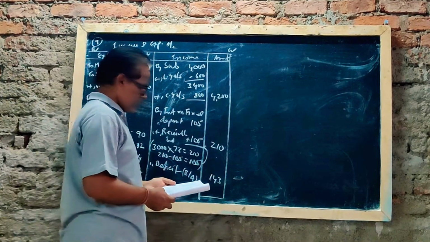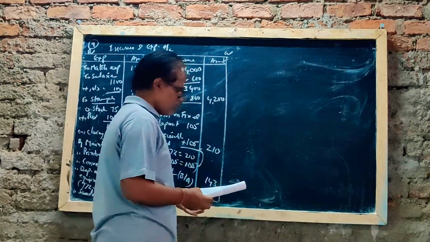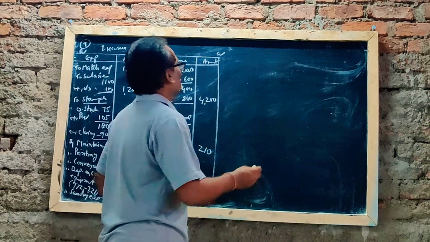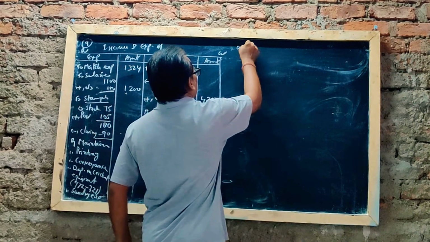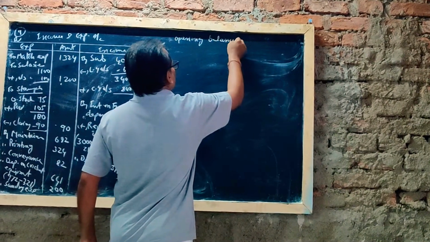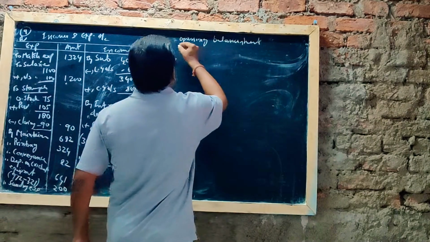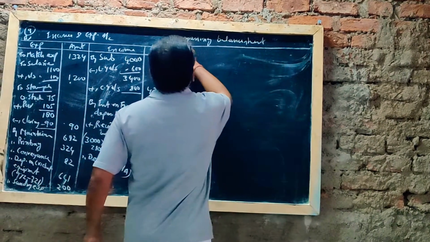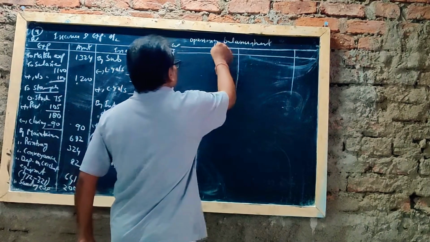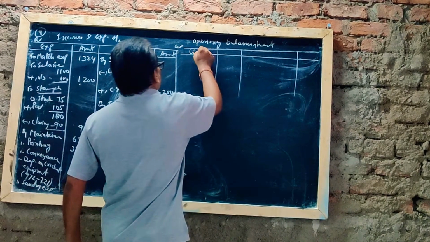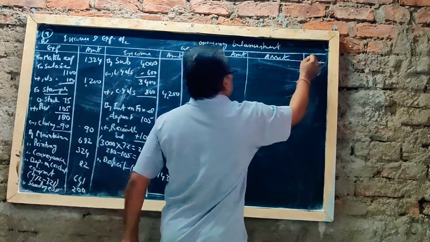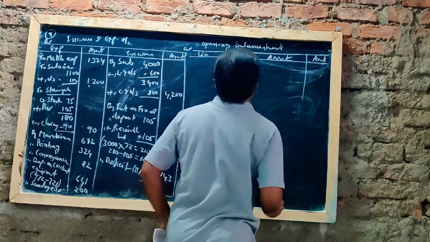Now you have to prepare the balance sheet, but there is no capital amount. For that purpose, you have to prepare the opening balance sheet. So right here, opening balance sheet: liabilities, amount, assets, amount.